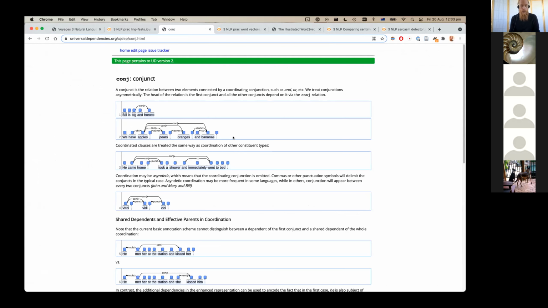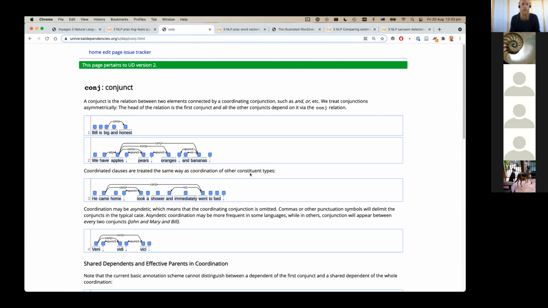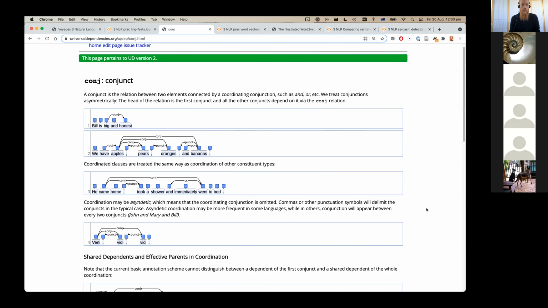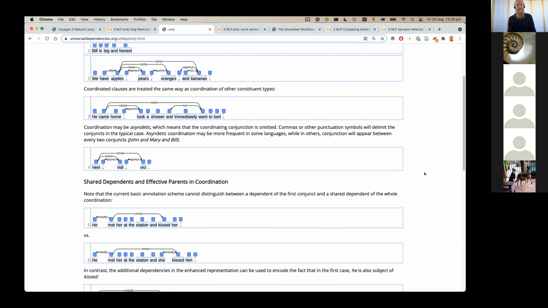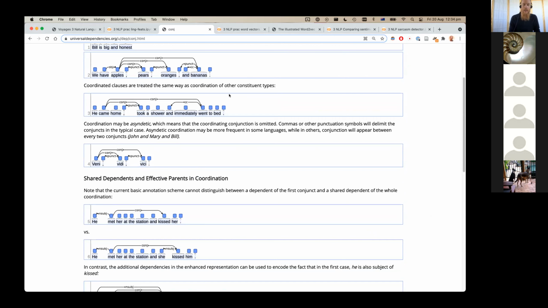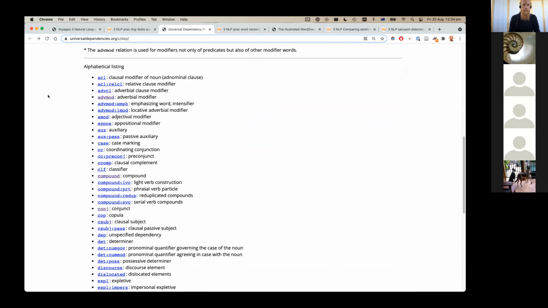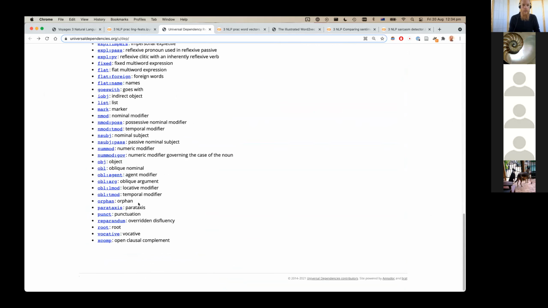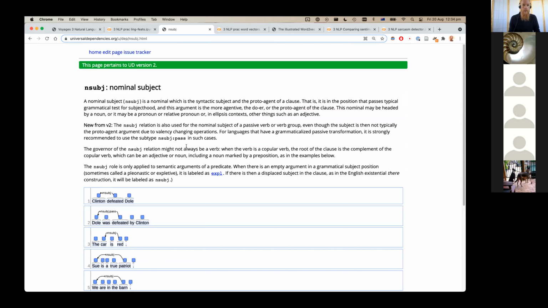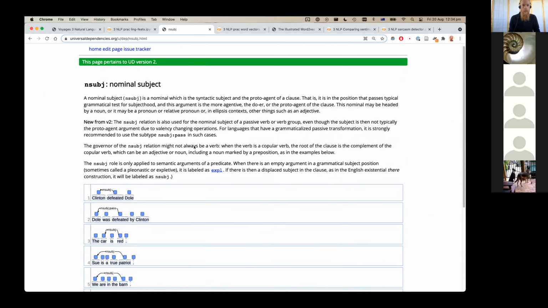So we can click on these to see more information about the grammatical meaning behind the labels. So this can get into some pretty heavy linguistics. This is a bit beyond my capabilities, but it's good to know that the docs are there to read through if you need to. So there's quite a lot of options with examples.